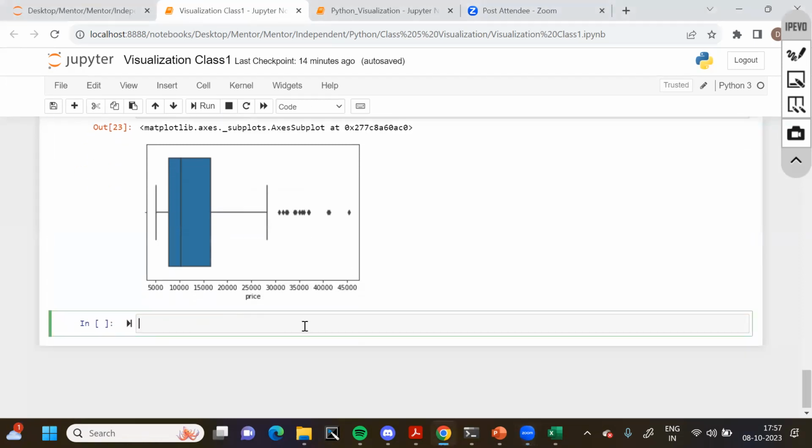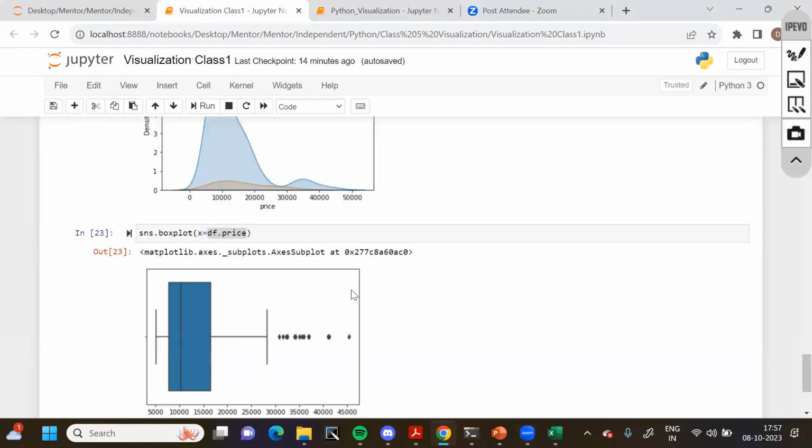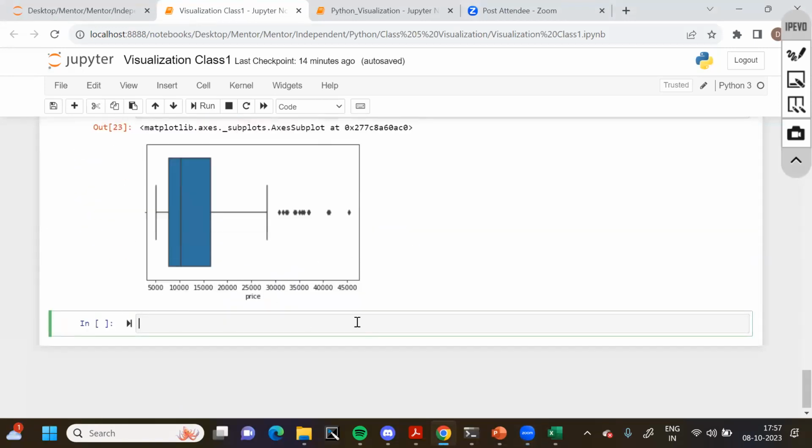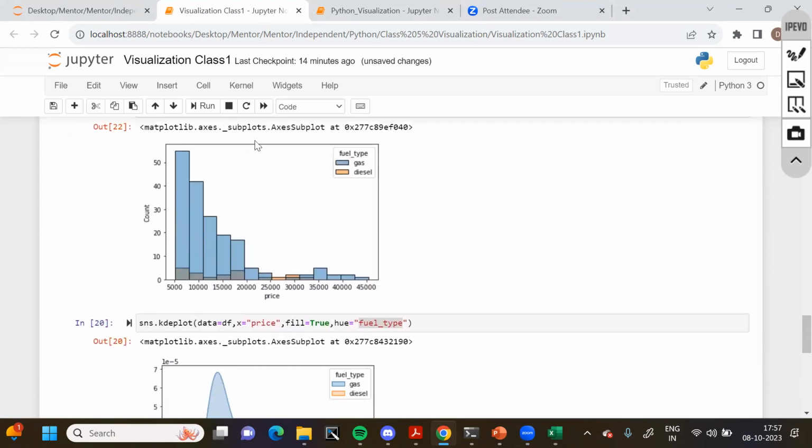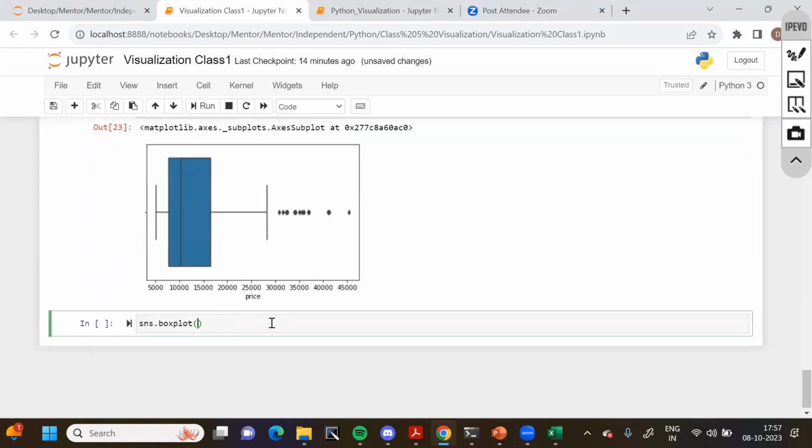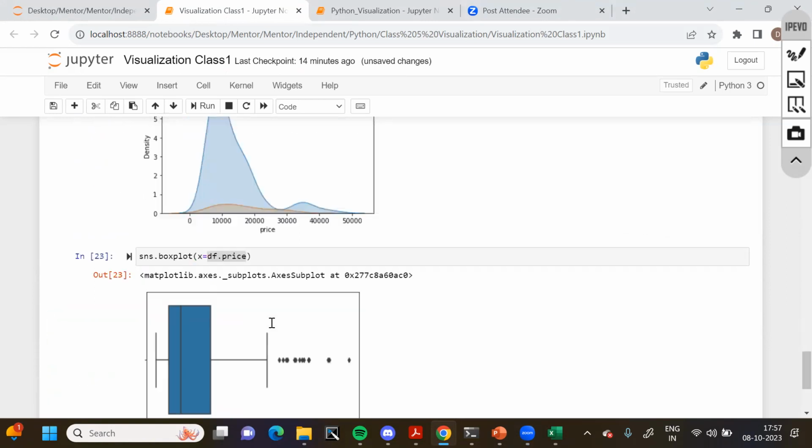Now the same thing I want to see from sns dot boxplot, because for me box plot is very easy for any analysis. So what you can do is, by style, right?